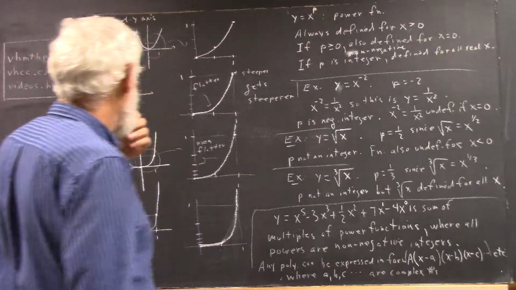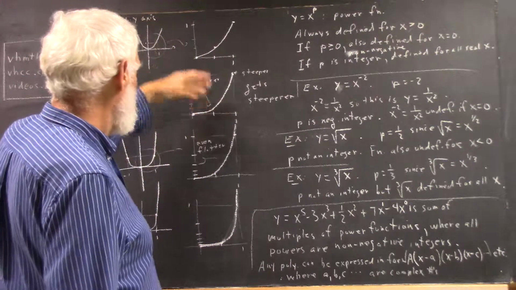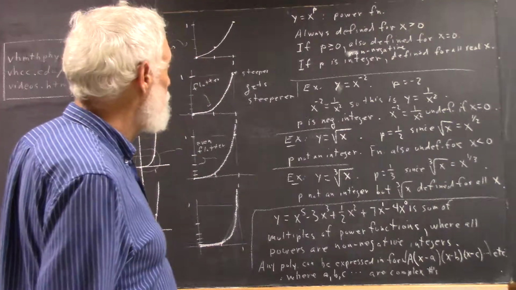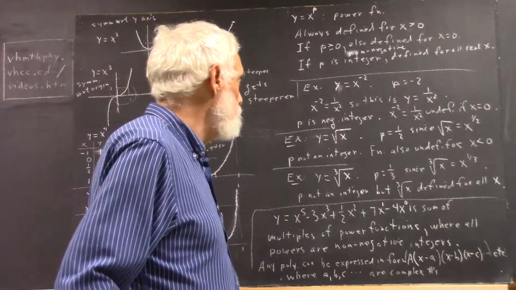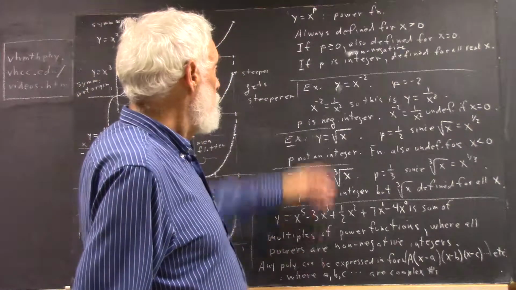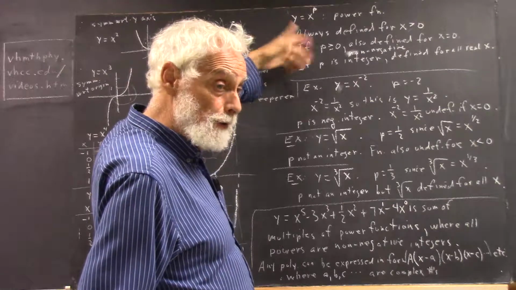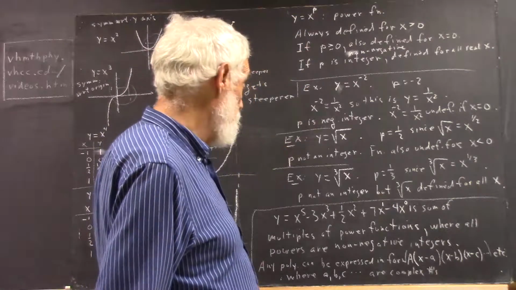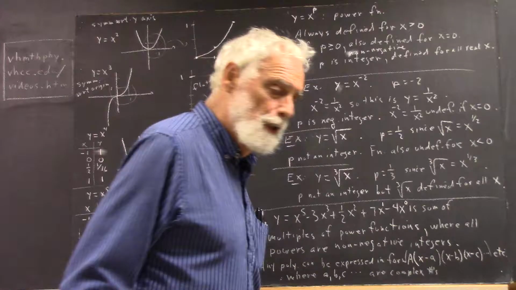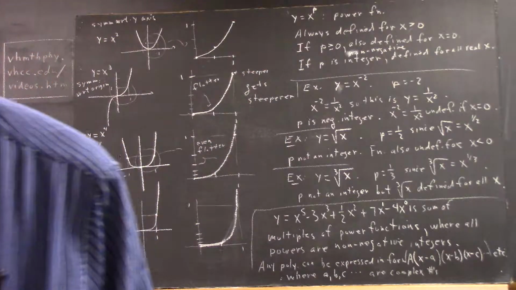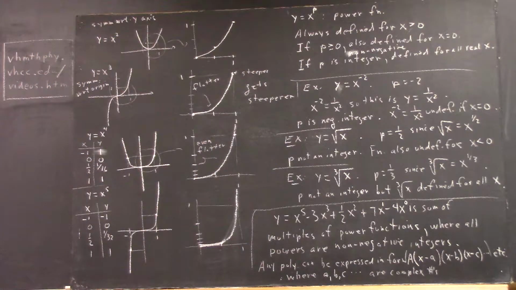Then what do the graphs look like? Definition of power functions, some things about the domain of the power functions, and the idea of a polynomial. And we'll build on that in the regular session class tomorrow.